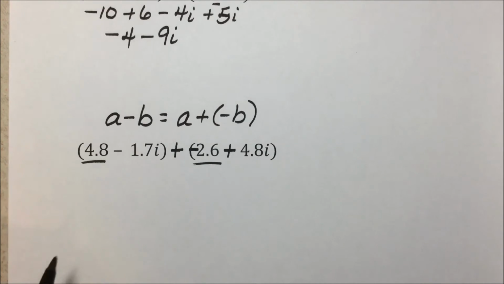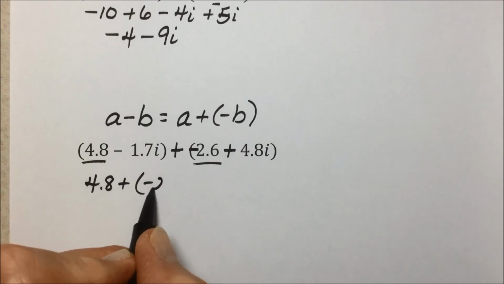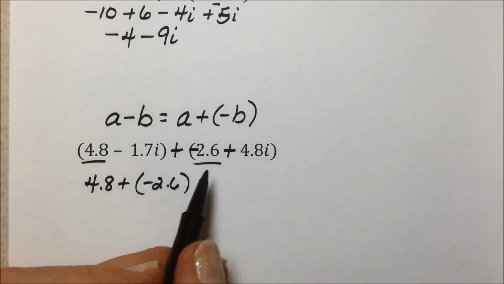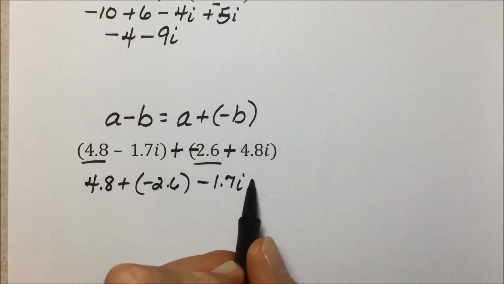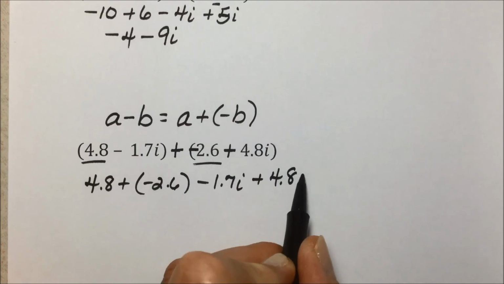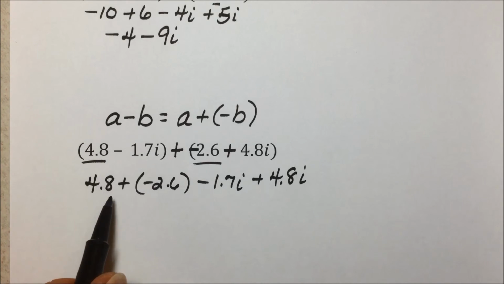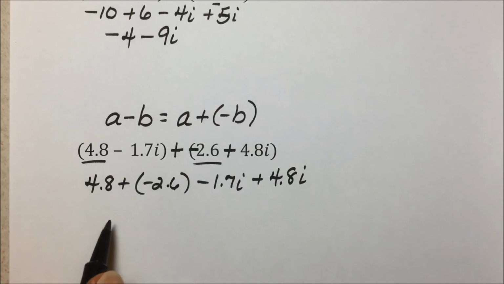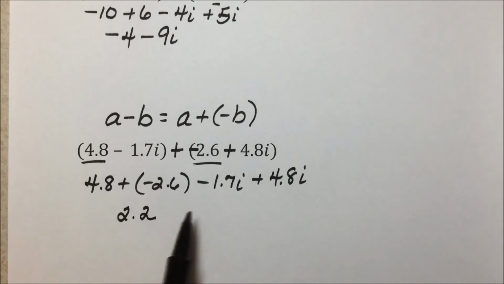We're going to combine the non-imaginary numbers, which is a 4.8 plus the negative 2.6, and then combine the pure imaginary numbers here, which is a negative 1.7i plus a 4.8i. Combining here on our values, 4.8 plus a negative 2.6, or subtract 2.6, leaves us with a 2.2.